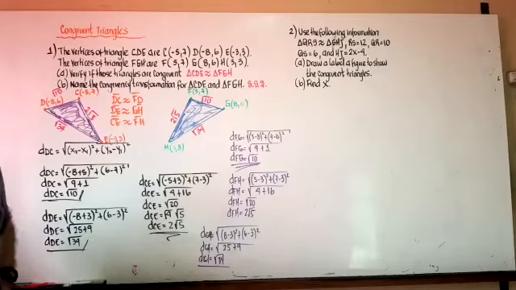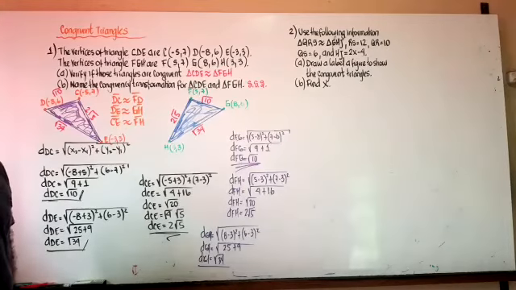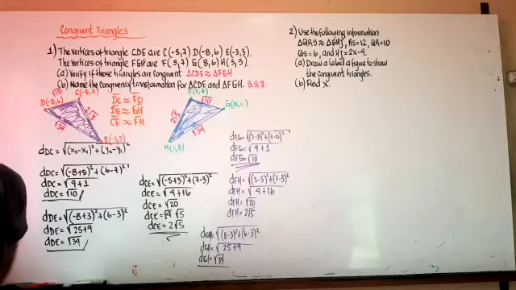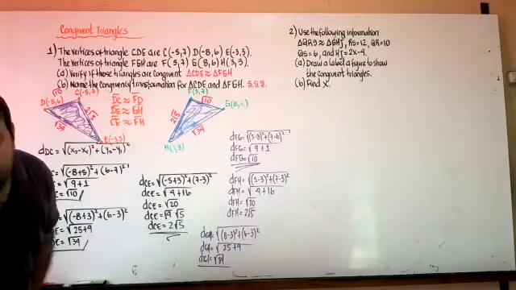Okay, let's analyze the second problem. In the second problem, my dear students, it says, use the following information. Triangle QRS is congruent with triangle GHJ, and it gave us some measures. What measures did the problem give us already?